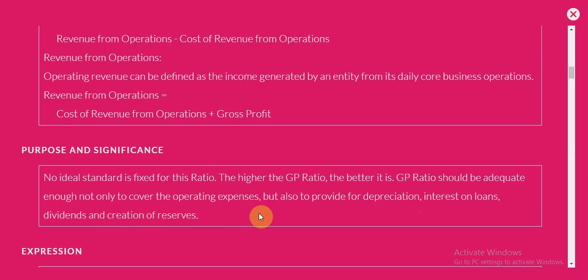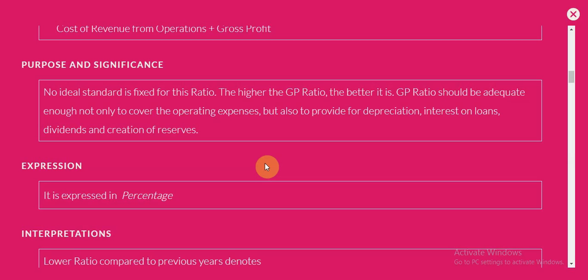So the gross profit that a business earns should not only cover the operating expenses, it should also cover non-operating expenses and other expenses, so that there is something left for the owners at the end. If GP is just enough to cover operating expenses, then what will be left for the owners?